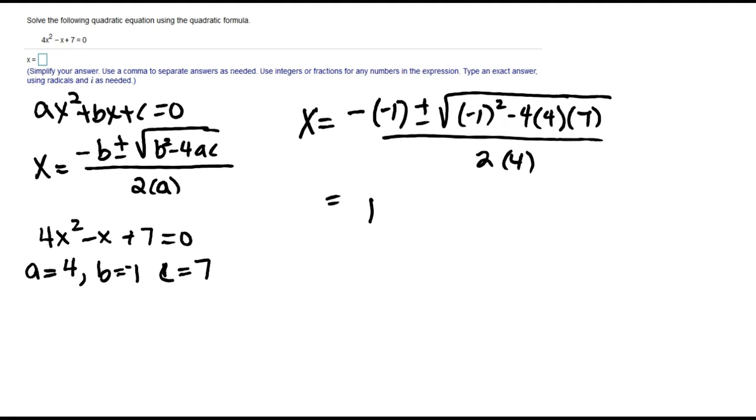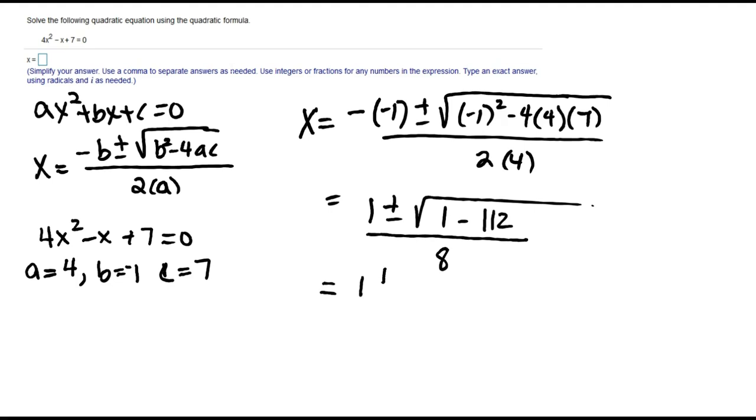I would have 1 plus or minus. Negative 1 squared is a positive 1. And then I've got 4 times 4 times 7, which is 112, over 8. 1 plus or minus the square root of negative 111 over 8.